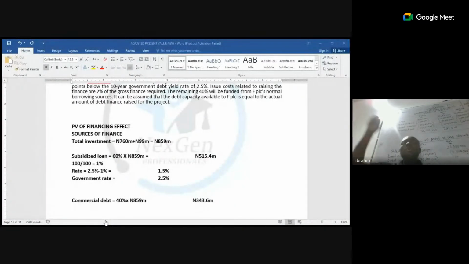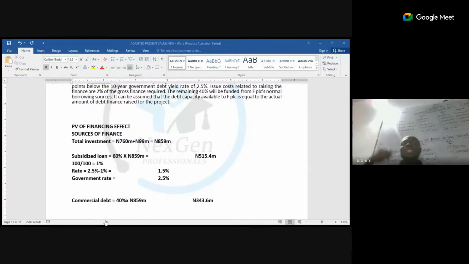Meaning that your commercial rate includes the MPR 27.5% from the government and what they subsidize for farmers. So therefore, the government rate given to us in this question is the MPR.